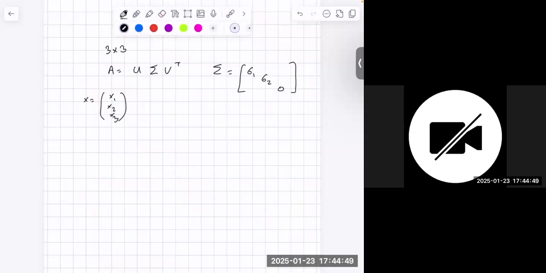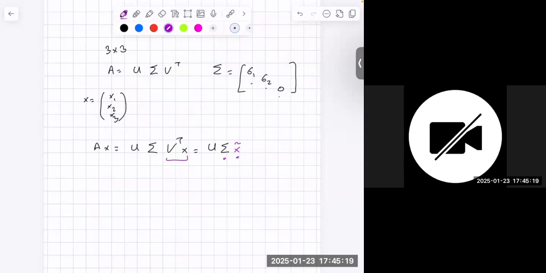And let's see what A is going to do on this, okay? So Ax will be U sigma V transpose x. And V transpose x, as I told you, is just the same x moved around, okay? Let's, to simplify it, say x perp. Same x, just I moved it around. Now, the sigma is going to go on this x perp. What is that sigma? Right here, sigma 1, sigma 2, 0.